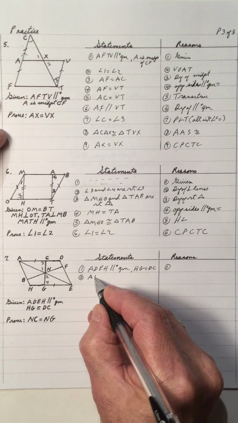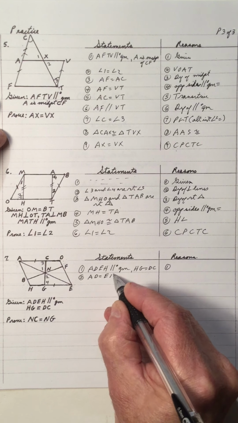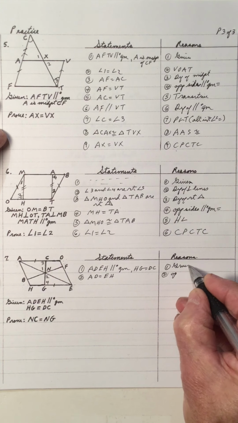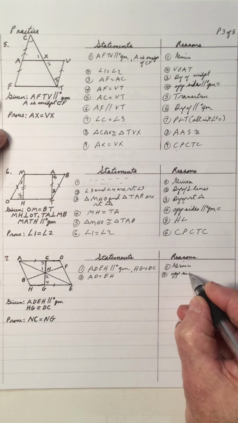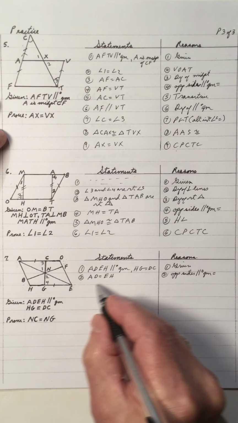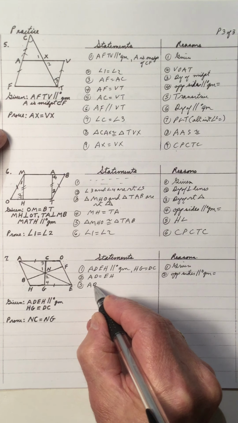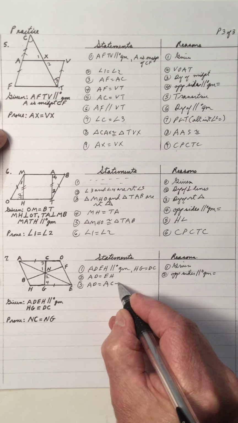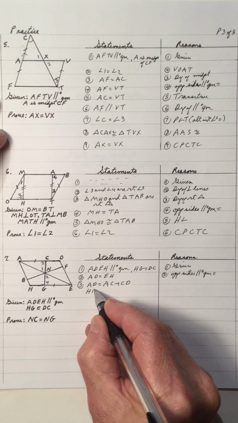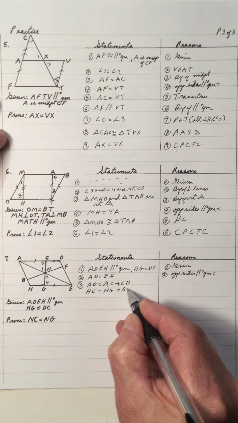So AD equals EH. This is the given. Opposite sides of a parallelogram are equal. So that means that AD is equal to AC plus CD, and HE is equal to HG plus GE.